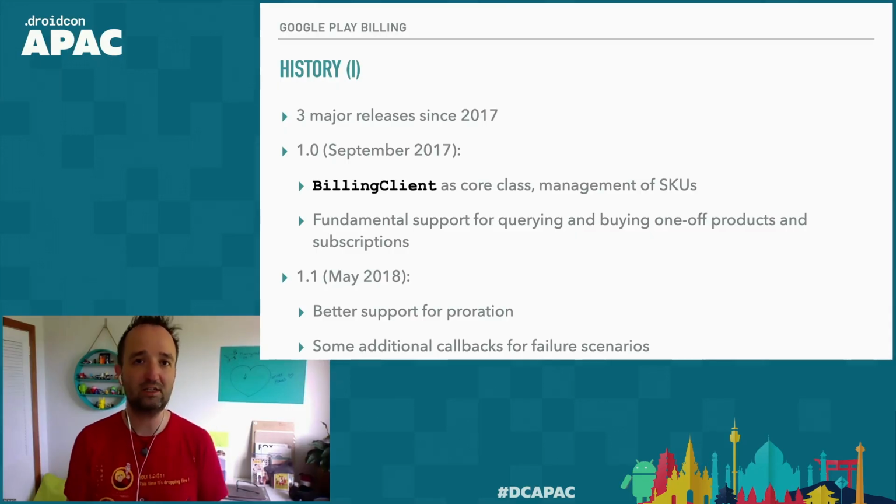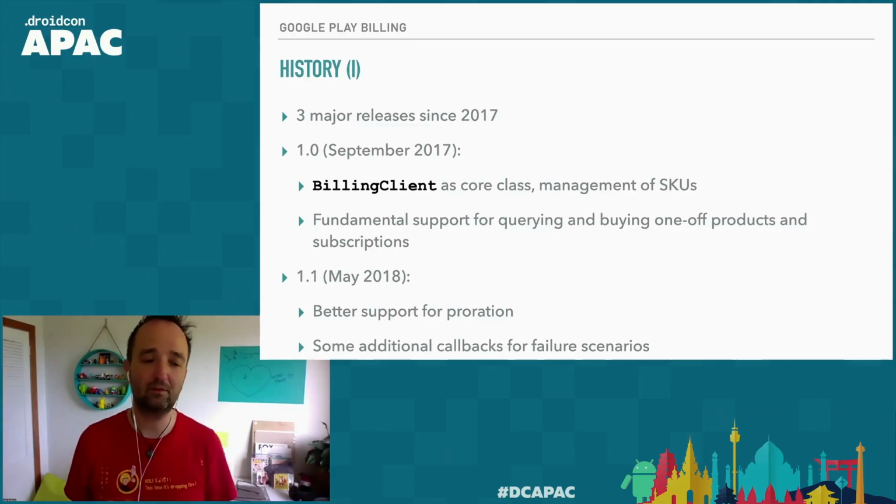So you could actually deal with things going wrong much better. And it introduced support for proration. That means if, for instance, a user subscribes to something and then cancels, you can now give them partial refunds for the rest of the month, for example, if you want to.